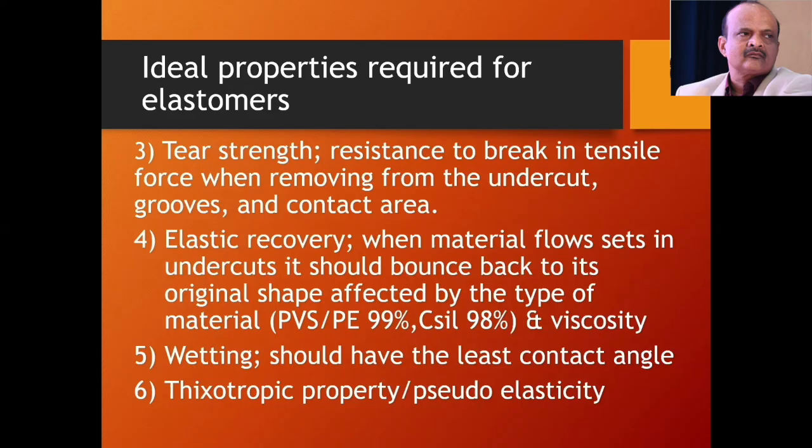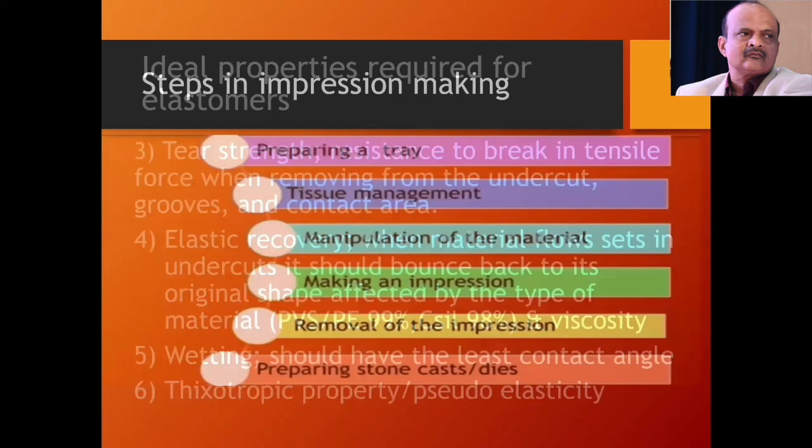So this comes into role when we mix a monophase material and push it through the syringe, it becomes more fluid, and the same material is loaded on the tray and made into an impression. So this is the thixotropic property, or shear thinning property.